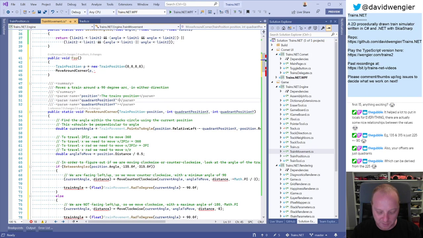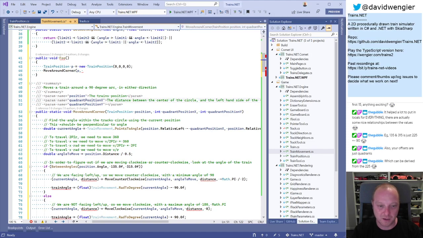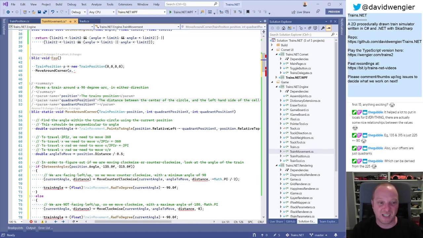So this is the distance between the center of the circle and the left-hand side of the cell, I guess.